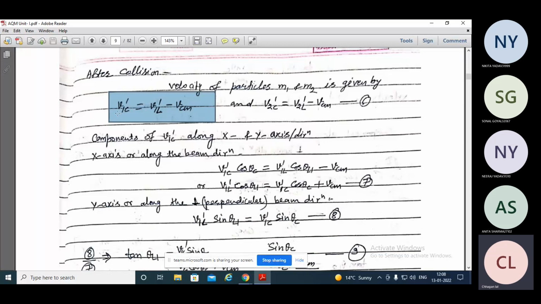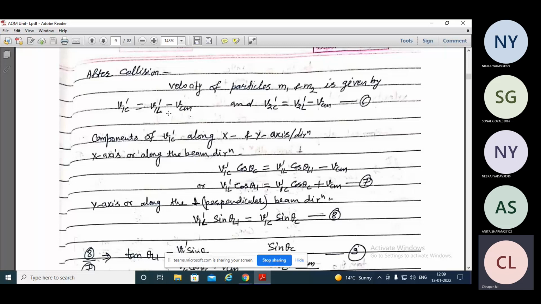So it is equal to V2L prime, the velocity of the M2 particle in the laboratory frame after scattering, minus VCM.